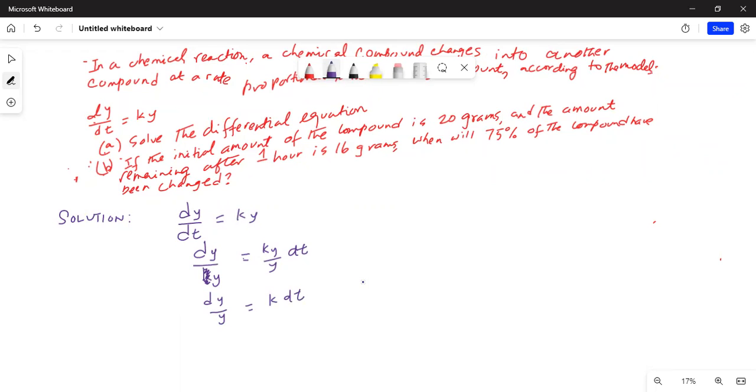We will now integrate dy by y is equal to integration k dt. Now k is a constant, so we have ln y is equal to kt plus c, where c is an integration constant.